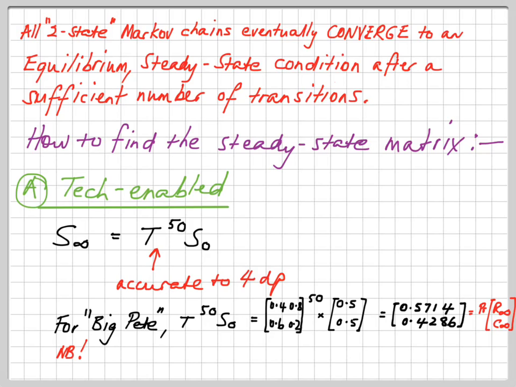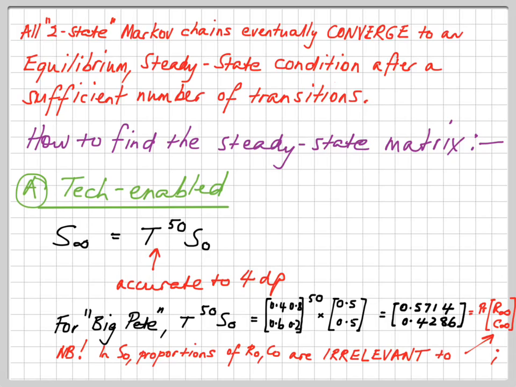Do you get that? Now, here's a great big NB for you and me, and that is the most amazing part of all this, wait for it: in the initial state matrix, the proportions of R and C are absolutely irrelevant. It doesn't matter what the initial state matrix is.